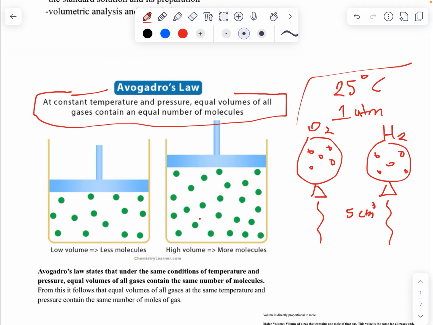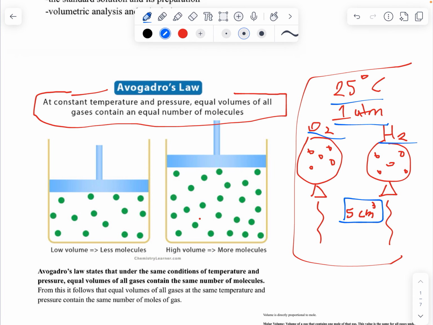So this is what Avogadro's law says: no matter the type of gas, if they have the same temperature and the same pressure, different types of gases will have the same volume. So if I place another balloon here with helium gas, it will still have 5 molecules or 5 particles.